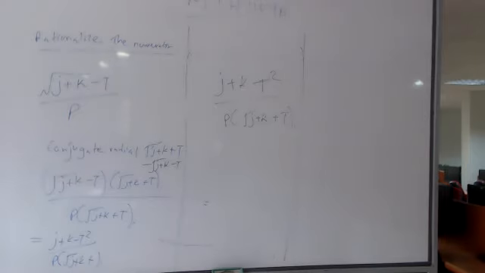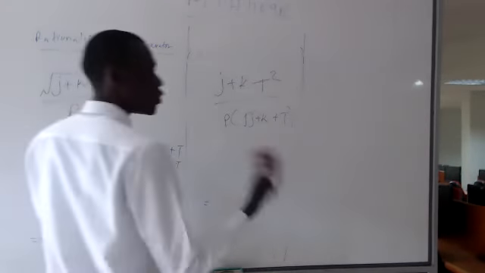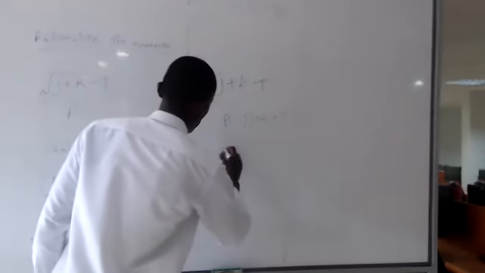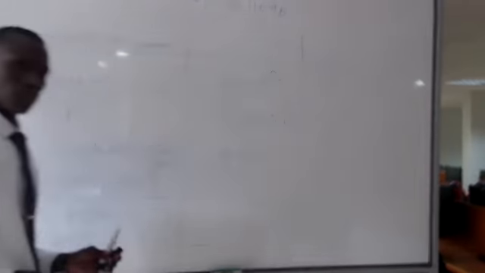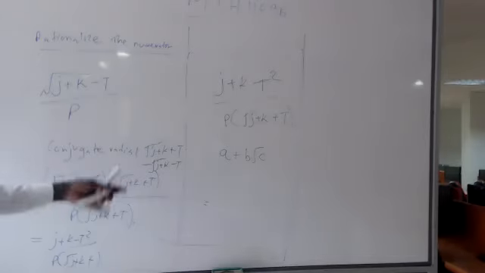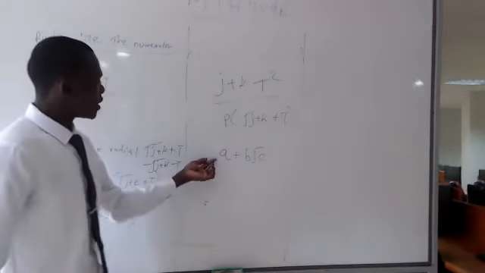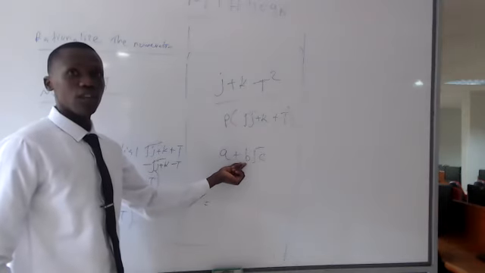Let me make one final remark. There's someone who is asking about conjugate radical use. How do you know what to use? So suppose I give you a plus b root c. How do you get a conjugate radical? Change any of these signs. So remember, this is plus a plus b. Change any of the signs.